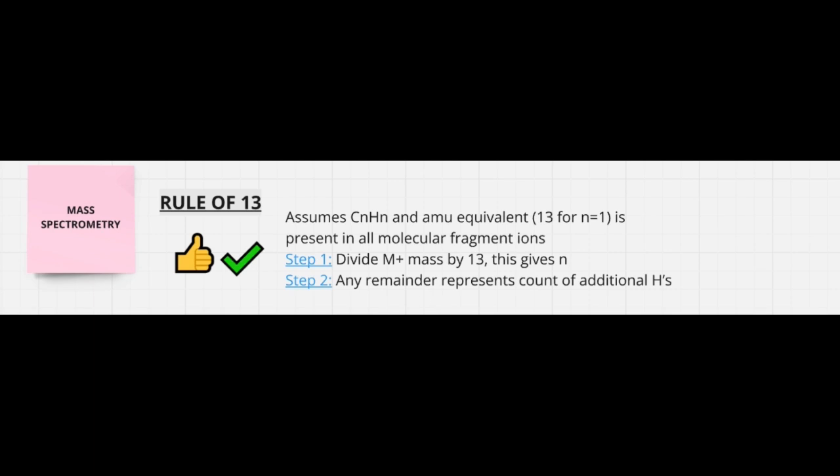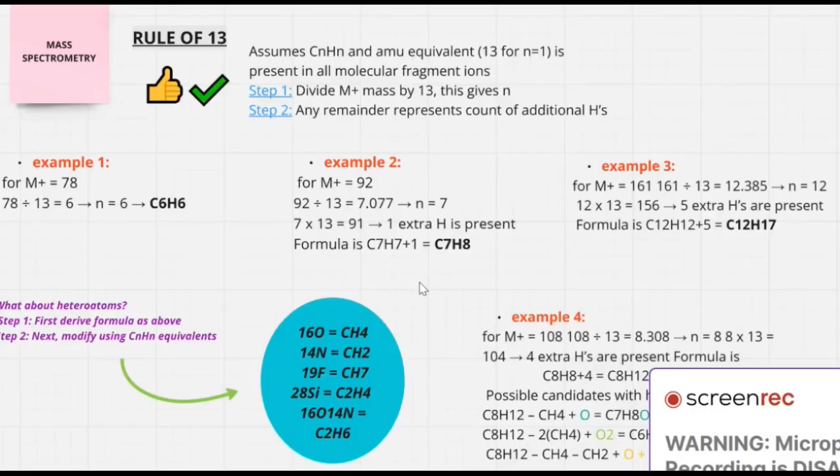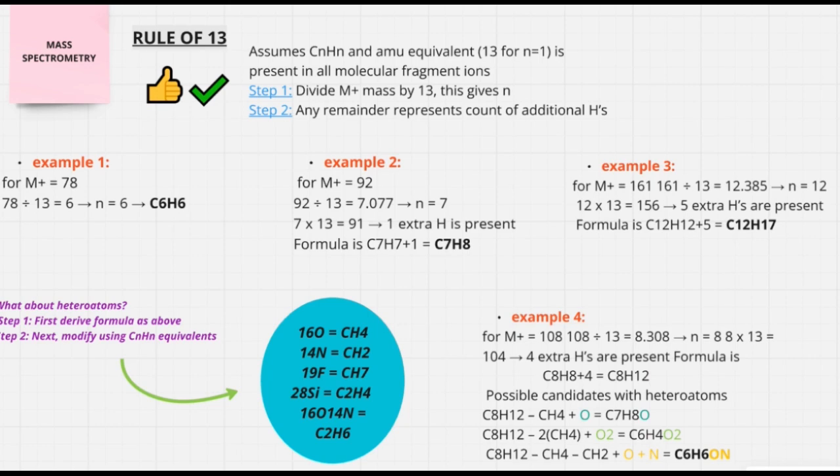We know the general formulas CnH2n+2 for alkanes, CnH2n for alkenes, and CnH2n-2 for alkynes. Here n is basically the number of carbon and hydrogen atoms, which is the same. After getting that, we get the molecular formula of the compound.